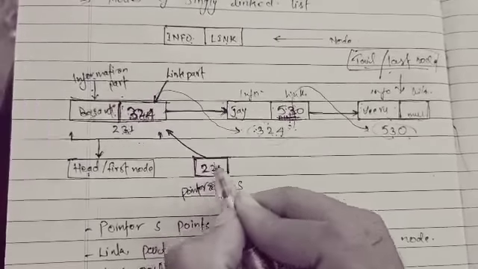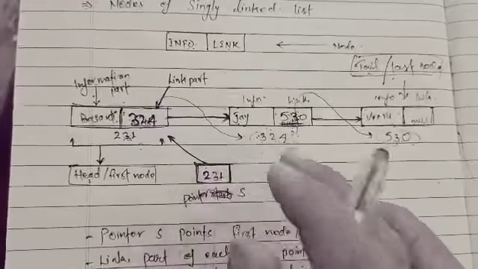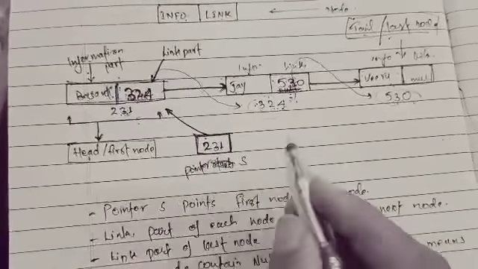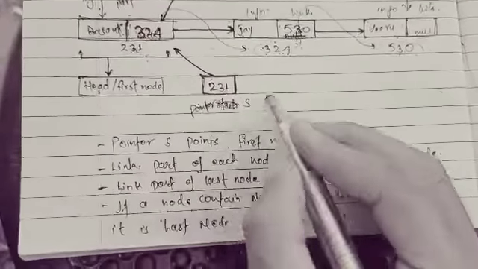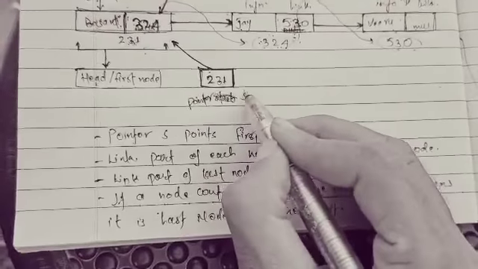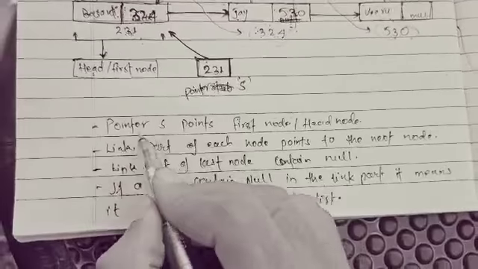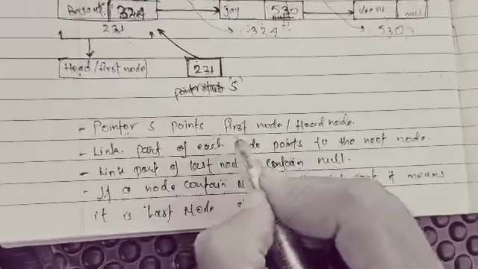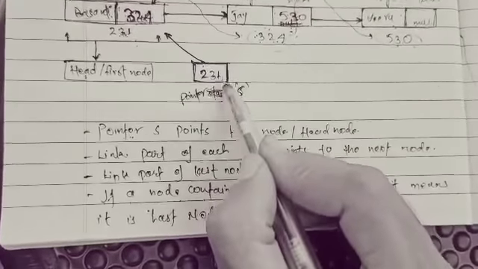It is a pointer, and it should hold the address of the first node. It is mandatory. Now let's see what the conclusion is. The pointer we can name S, for start. So the conclusion is that pointer S points to the first node or head node.